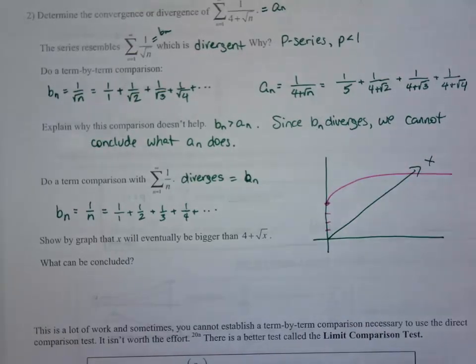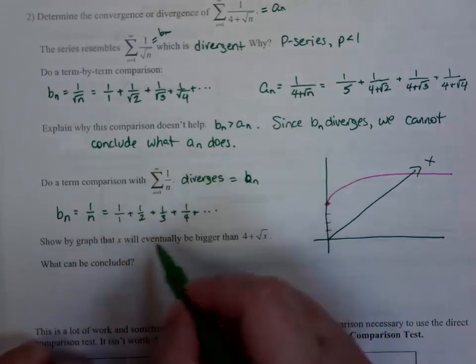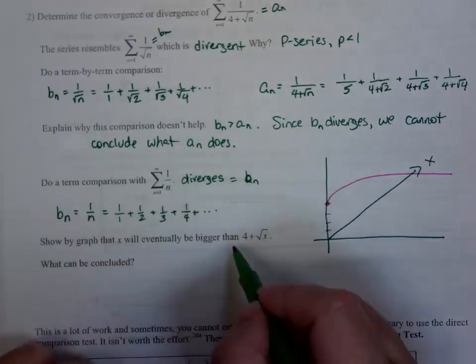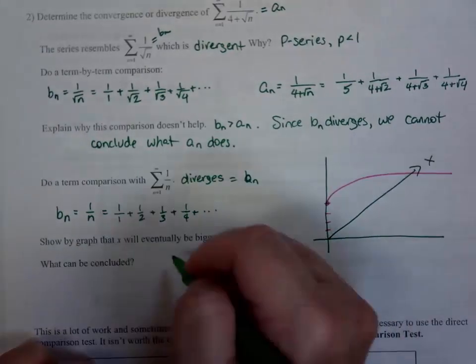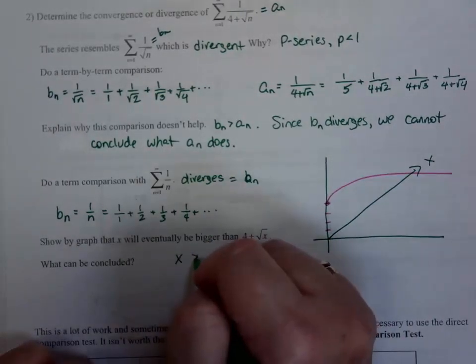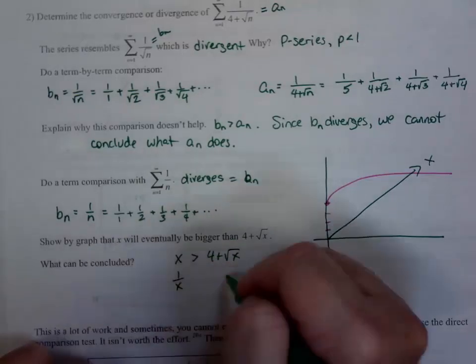So what can be concluded? If x will eventually be bigger than 4 plus the square root of x, x is going to be on top, right? So if x is bigger than 4 plus the square root of x eventually, what happens to the fractions?